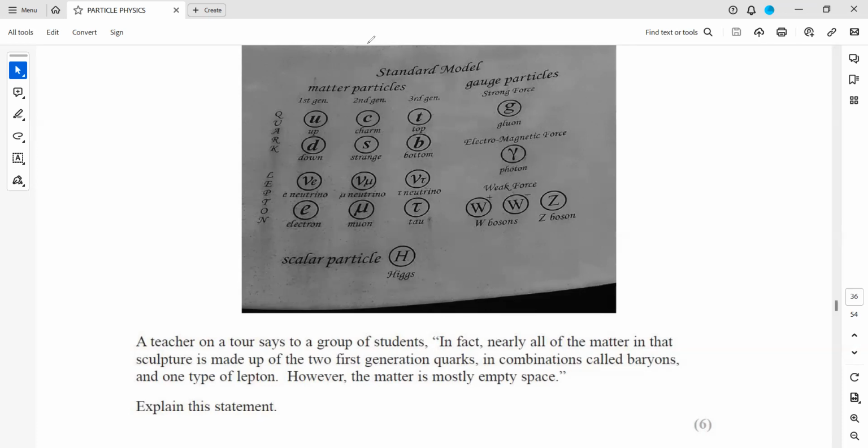And we have lepton families also. These are first generation particles, meaning the particles which were discovered in the first stage. Then at the last, we discovered top and bottom and neutrinos and tau. These are the third generation particles, meaning they were discovered at the last.